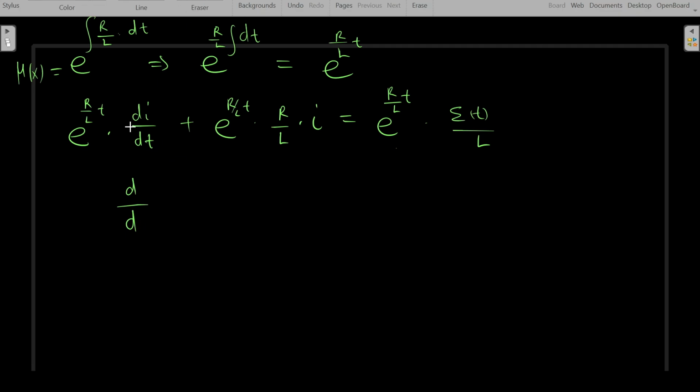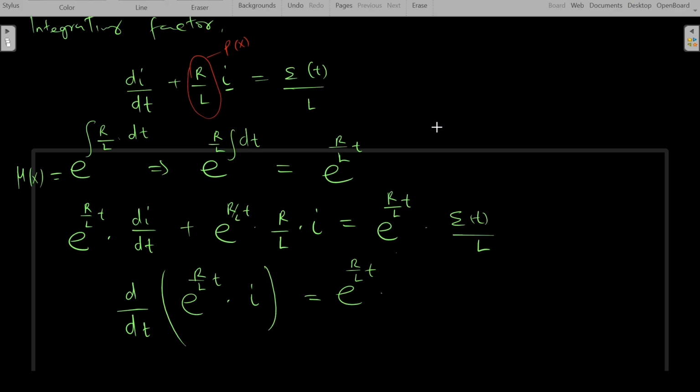So d dt of our integrating factor e raised to R upon L t multiplied by I should give me e raised to R all over L t, multiplied by what we said we were dividing by L, so we should get E t divided by L.